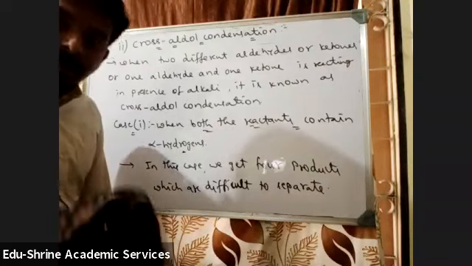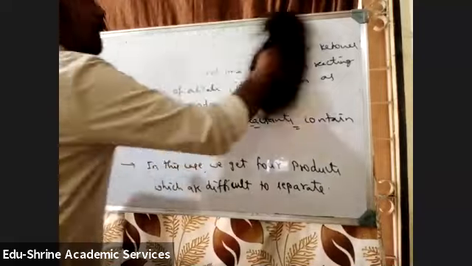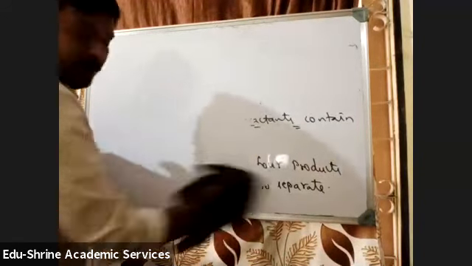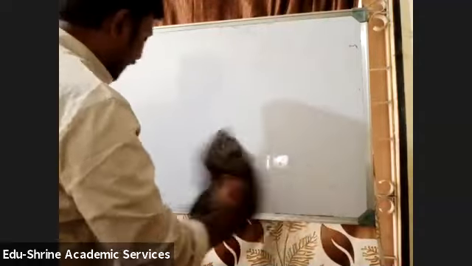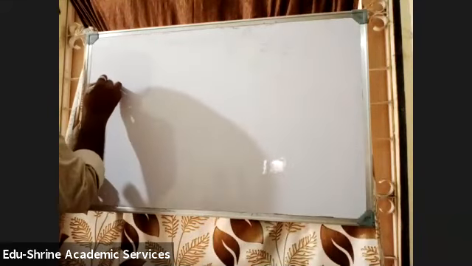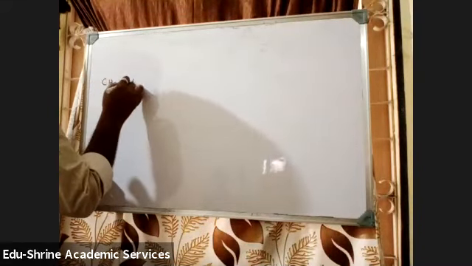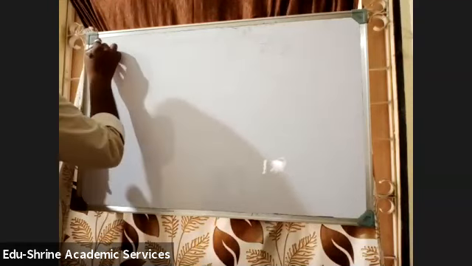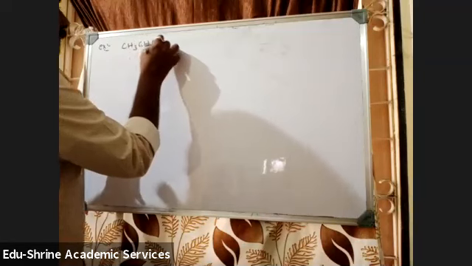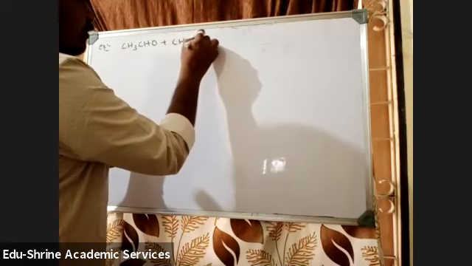Now let us see an example for this type of reaction. By this time you must have got an idea how the four products will be formed. For example, let me take the reaction between CH3CH2 and CH3CH2CH2.